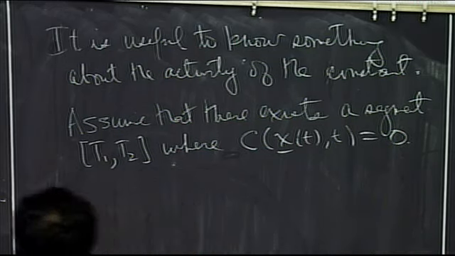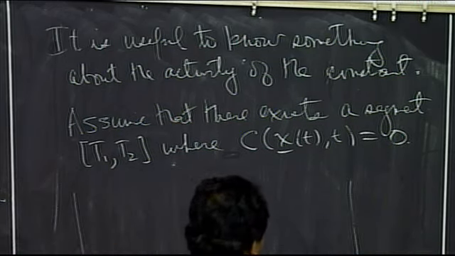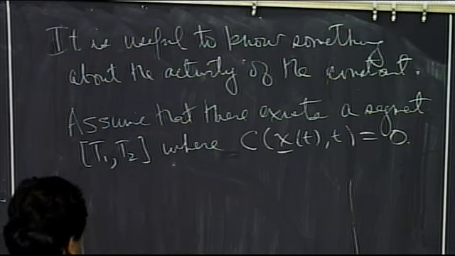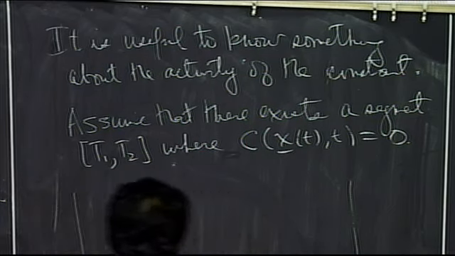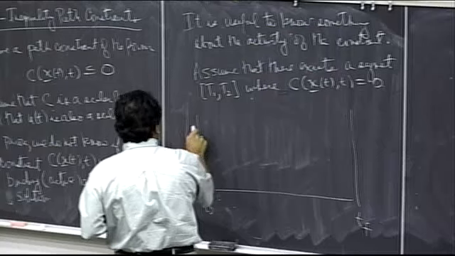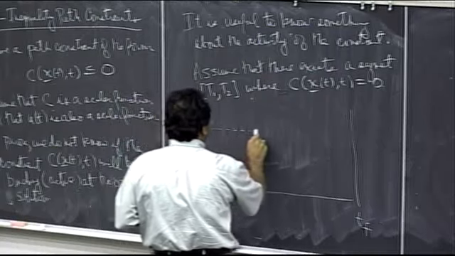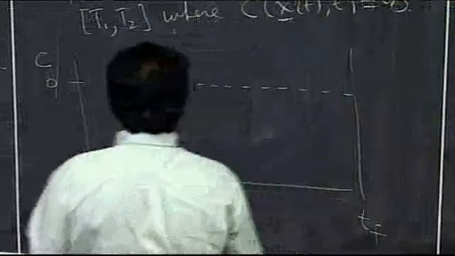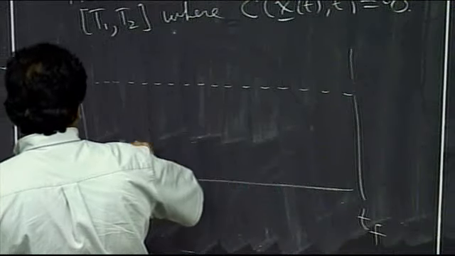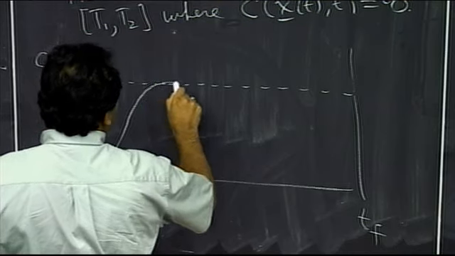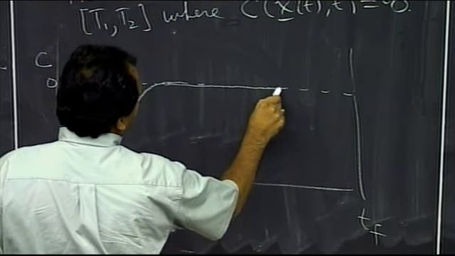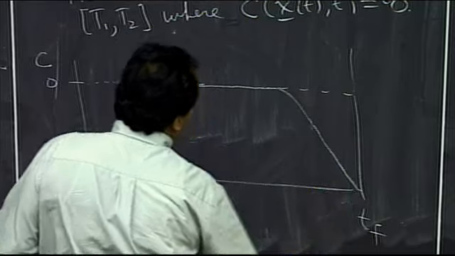Okay? So that picture looks like this. I've got something on T0 to Tf. There's the value 0. This is a plot of C as a function of t. And here's 0. And there's going to be some segment where this constraint is going to wind up being active, and then some segment where it's not going to be active.